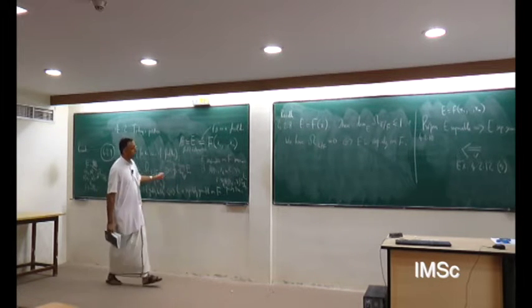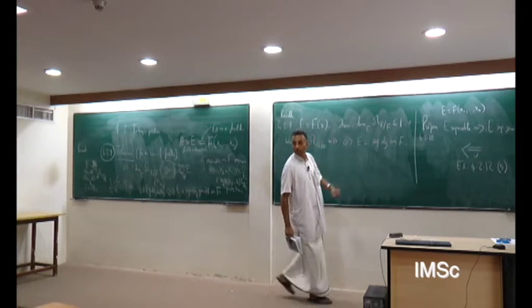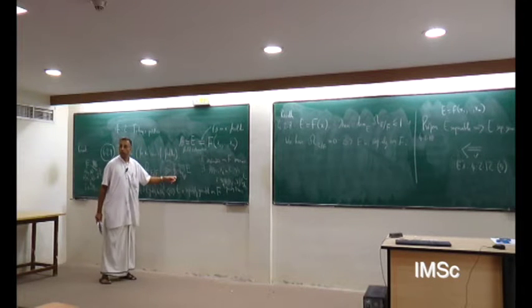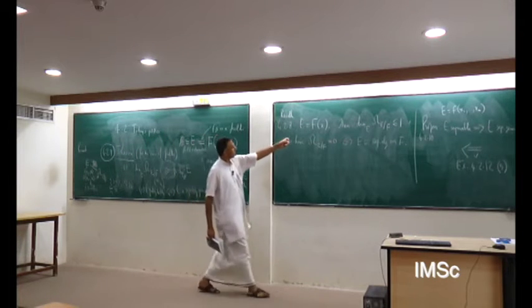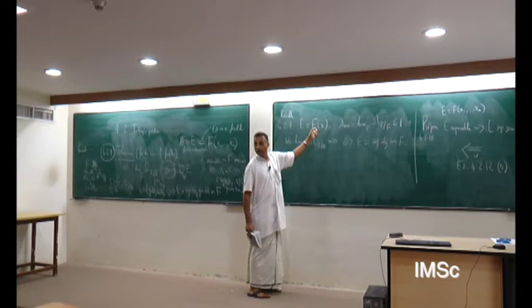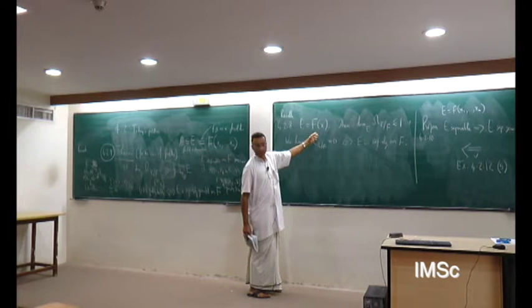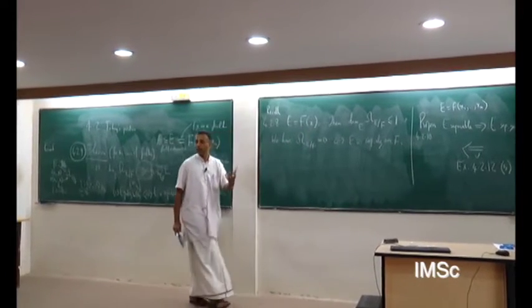If this is equal to 0, then it is just directly the statement. If this is equal to 1, that means the transcendence degree is 1, which means that this is a transcendental extension, and clearly that is separably generated, because you can take x, which itself gives a purely transcendental extension.